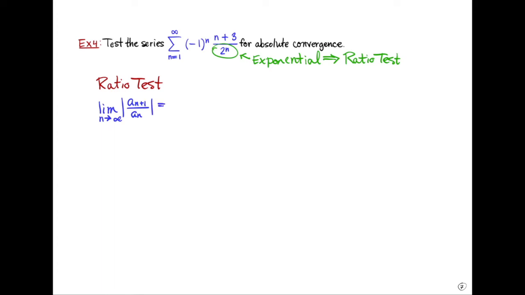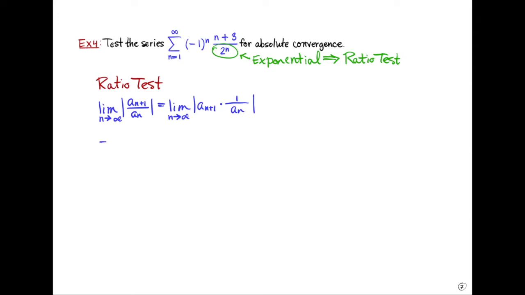And a nicer way to evaluate this limit, instead of thinking of it as a sub n plus 1 divided by a sub n, instead think of it as a sub n plus 1 times 1 over a sub n. It will make your math work out much easier.